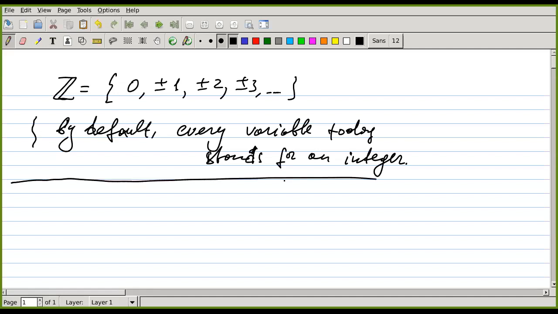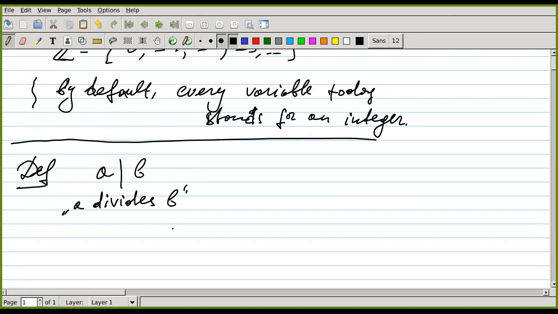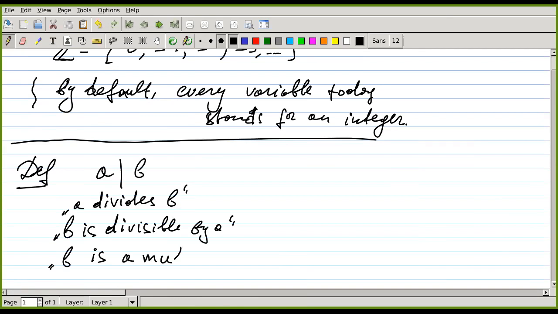First of all, what does it mean that one integer divides another one? We say that A divides B, or sometimes they say that B is divisible by A, or B is a multiple of A. What does it mean?